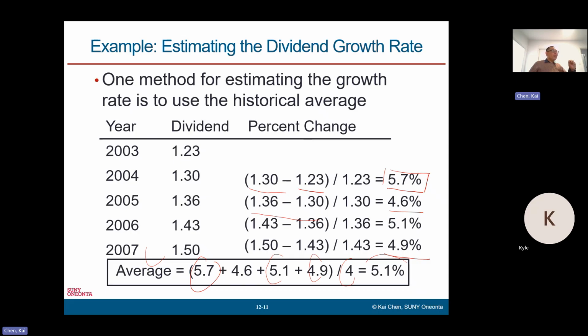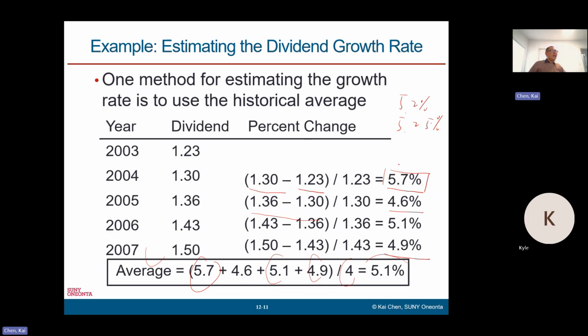If you predict in the future dividend may be growing a little bit faster, then you can use 5.2% or 5.25%.